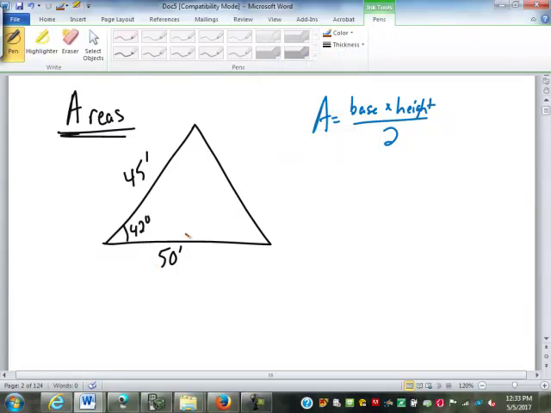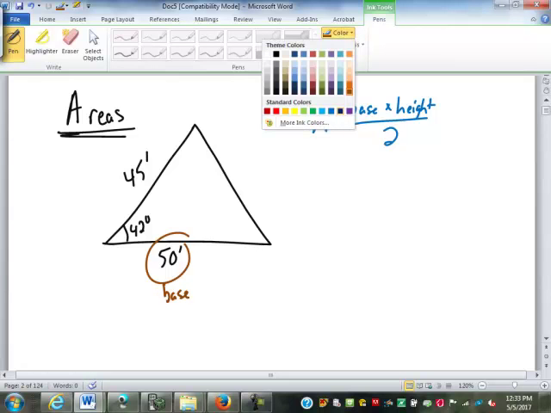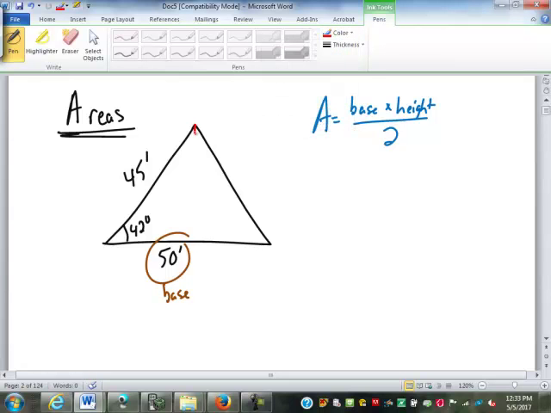Well, the base of this is the 50 feet. We don't know the height. But if I draw this in right here, that would be the height. The height could be found using a sine.